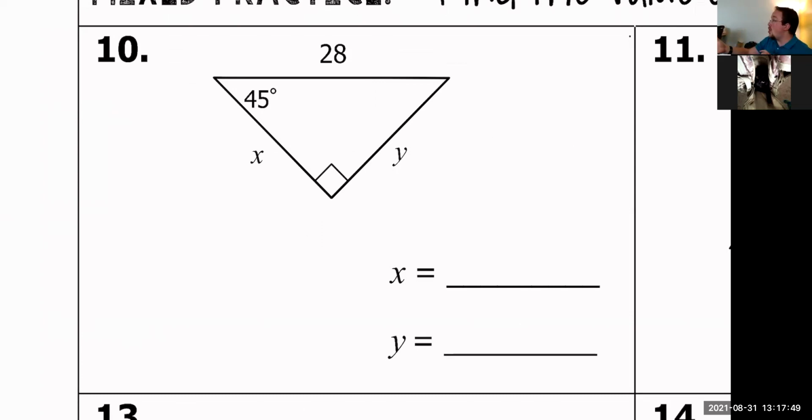Hopefully, if it's a good example, you should know one other angle besides the right angle, and that's going to give you a clue. If it's a 45, boom, you know what it is. If it's 30 or 60, then it's a 30, 60, 90. If it's anything else, well, it's not a special right triangle anymore. Everything we're practicing today goes out the window. But all of these should be special right triangles.